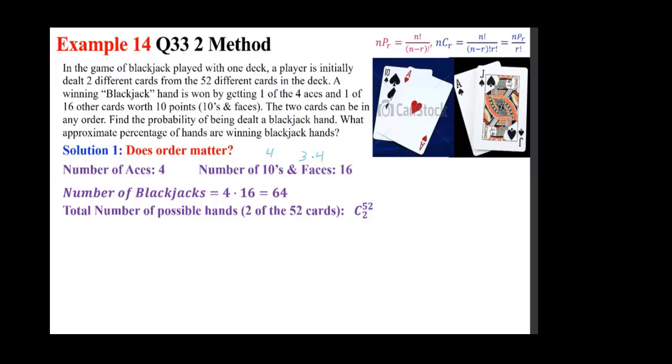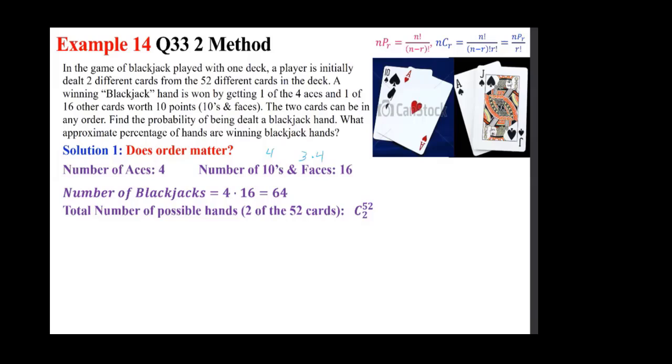So the number of blackjacks would be 4 times 16. There are 4 ways to get aces and 16 ways to get tens and faces. But what is the total number of possible hands? We want 2 out of the 52 cards, so combination of 52 choose 2.